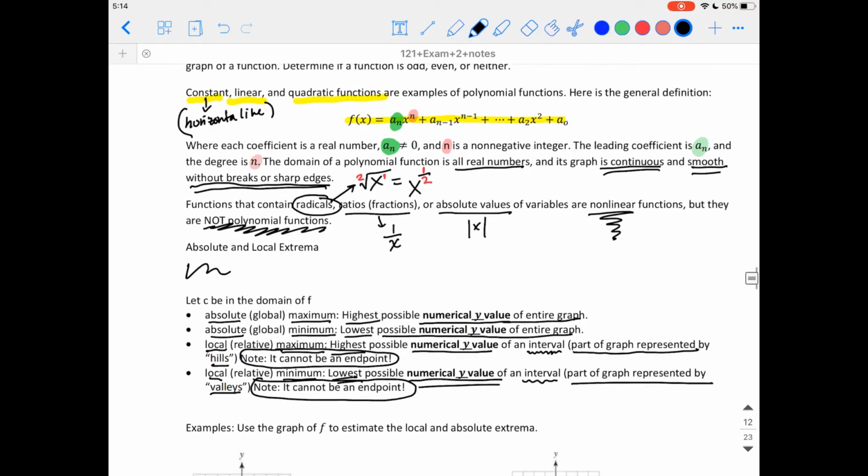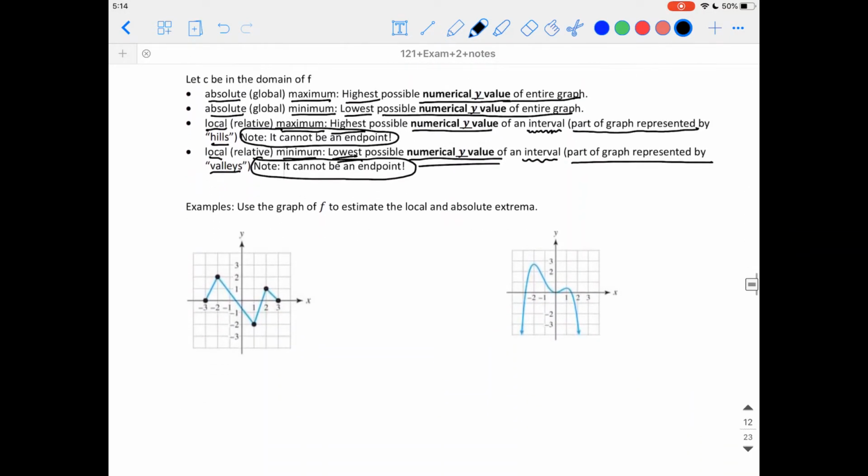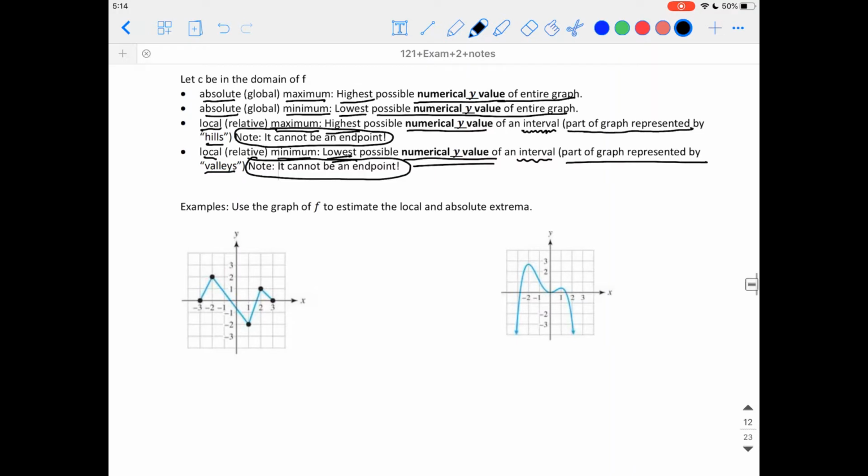So let's practice this right here. It says examples. Use the graph of f to estimate the local and absolute extrema. Okay, so for the absolute extrema, we have a max. Actually, I'm going to do it in colors here. This is going to be our max right here.